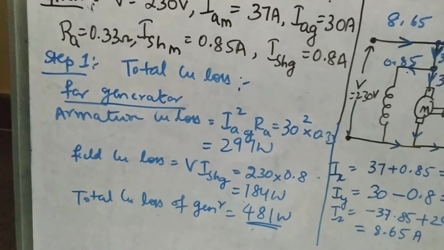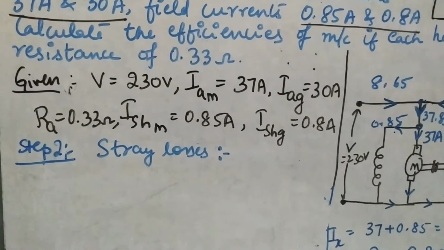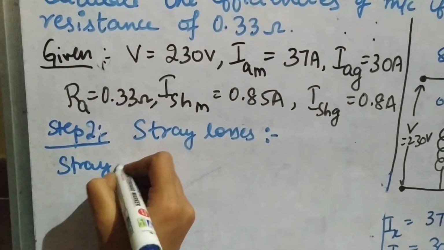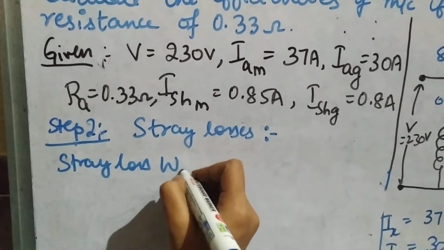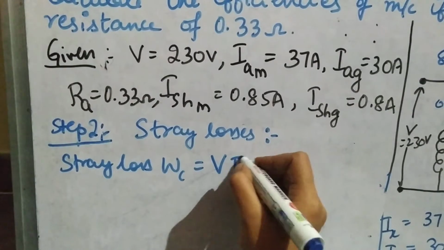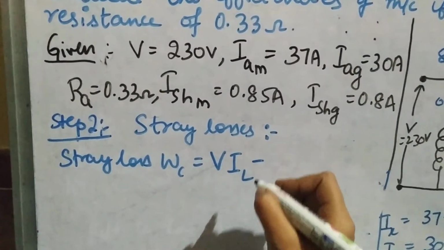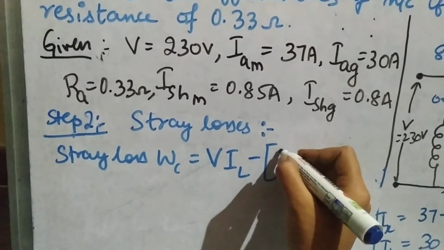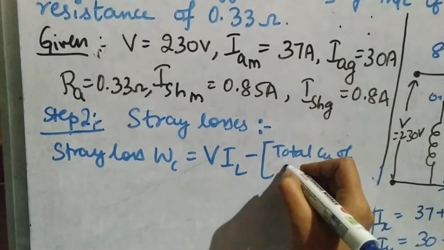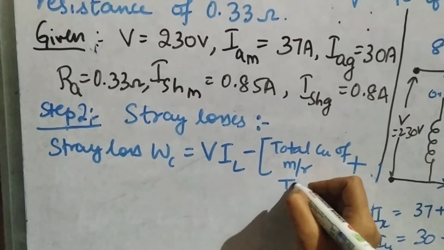Next, let's start with step number 2, to calculate the stray loss. Stray loss, which is denoted as WC, is given by the formula: power input from the supply, that is V into IL, minus the total copper loss. We have to add the total copper loss of the motor and the total copper loss of the generator.